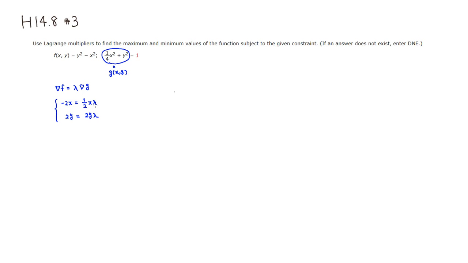and this is going to be equal to the partial derivative of that, which is 2y lambda. One thing I can do is divide the second one through by 2 to make it look simpler. Over here, I don't like fractions, so I'm going to multiply by 2, and that becomes 4 there.